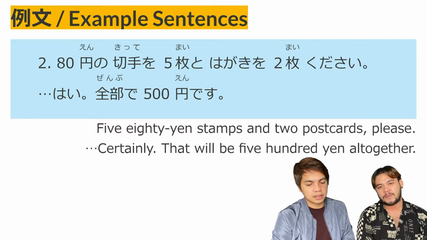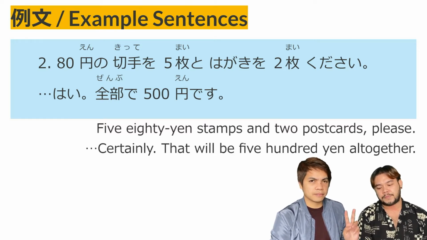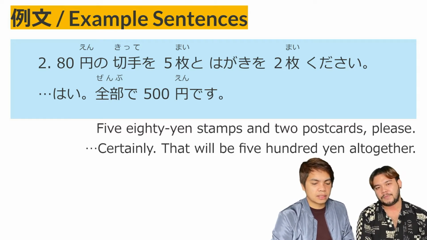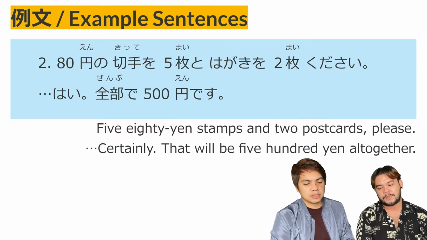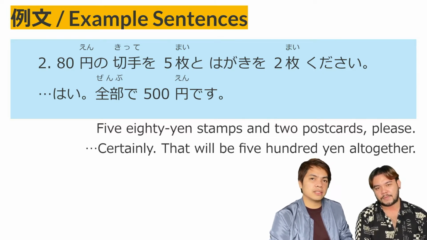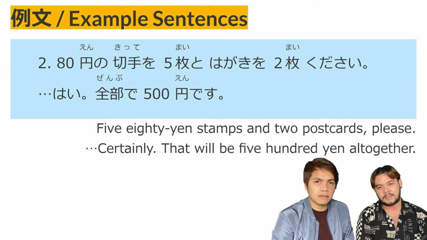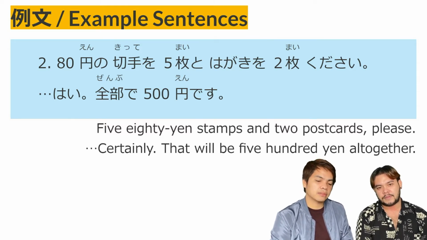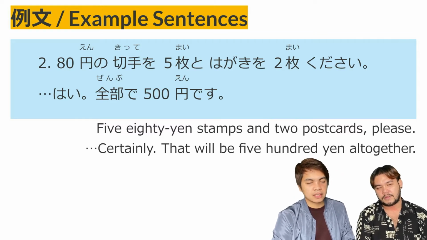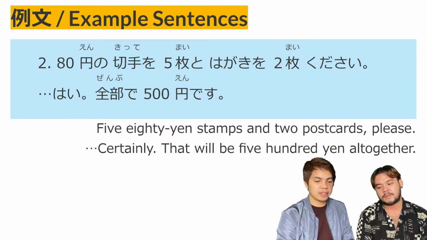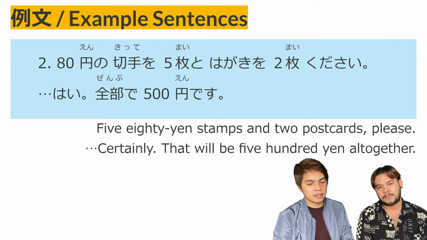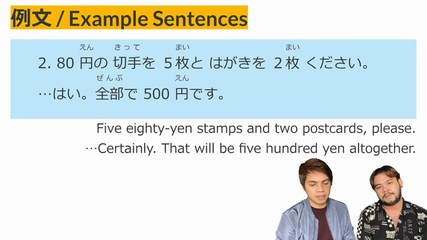Hagaki means postcards. We use the counter mai because mai is the counter for thin and flat objects or papers. He answered, "Hai, zenbu de 500 yen desu." Zenbu de means in total. It's 500 yen.